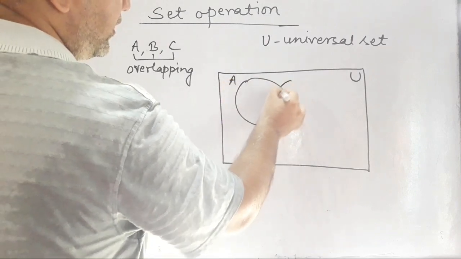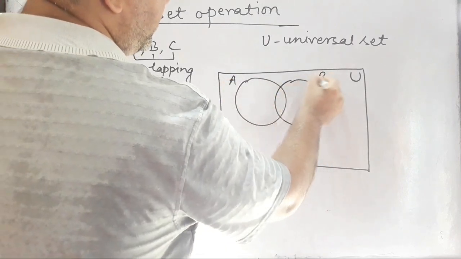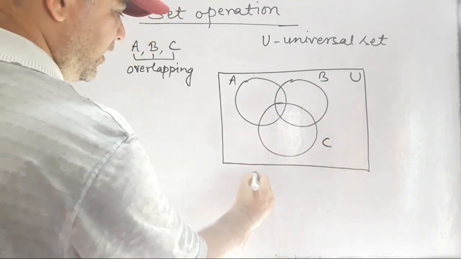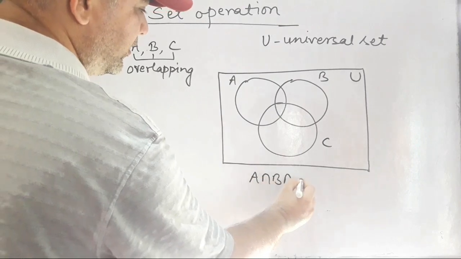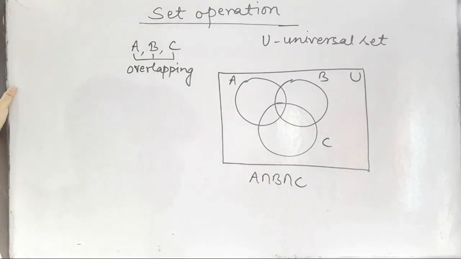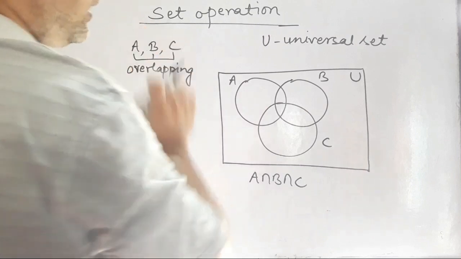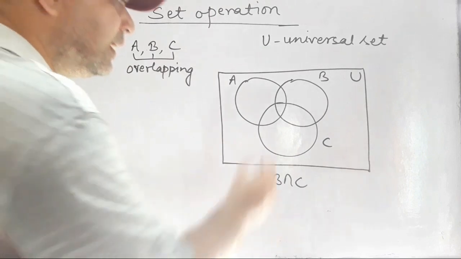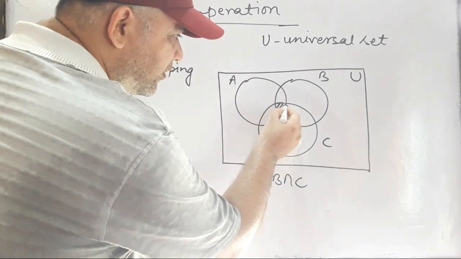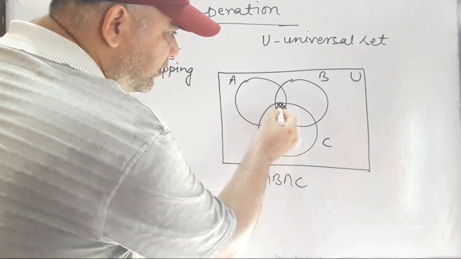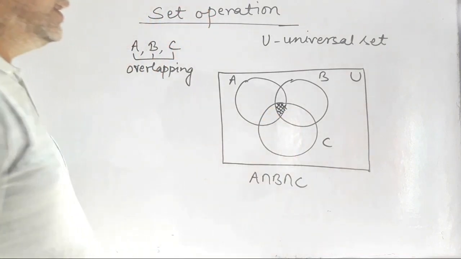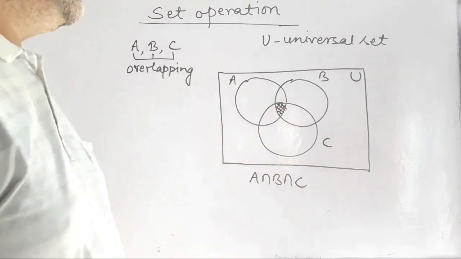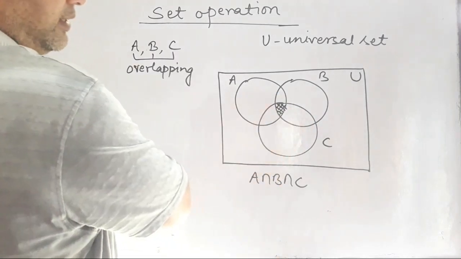This is set A, set B and set C. So this is A intersection B intersection C. And which part shall be shaded? The elements that are contained in all three sets A, B and C lie here. This is the part where the elements contained in A, B and C lie. So this is the part of A intersection B intersection C.